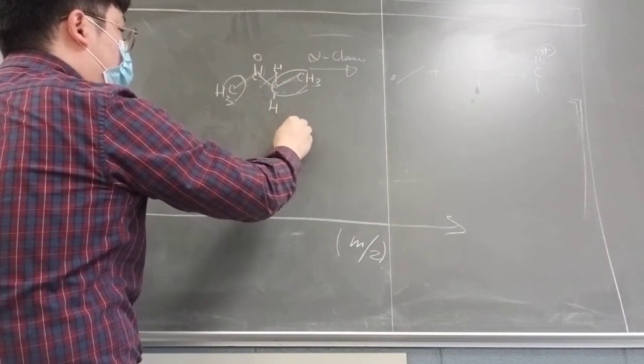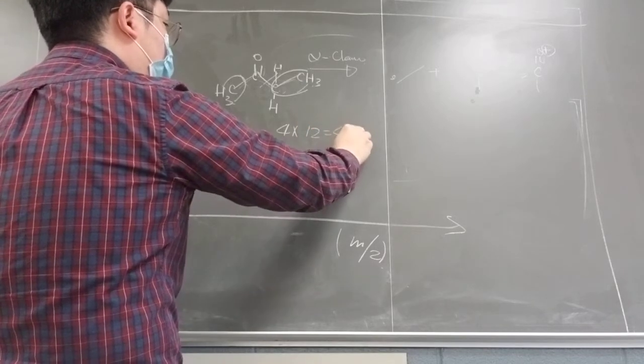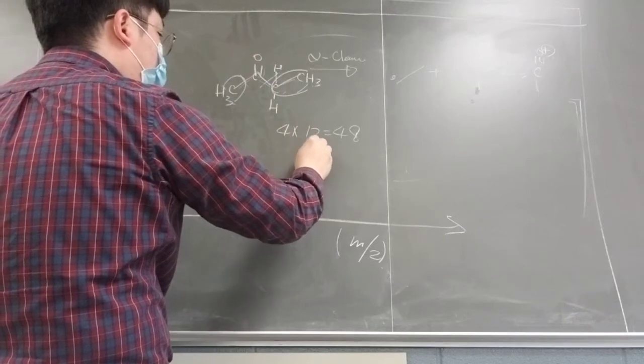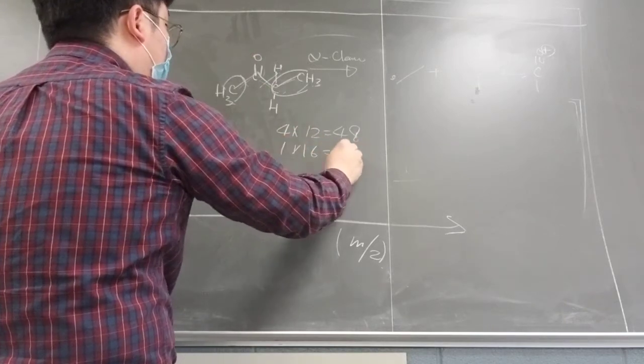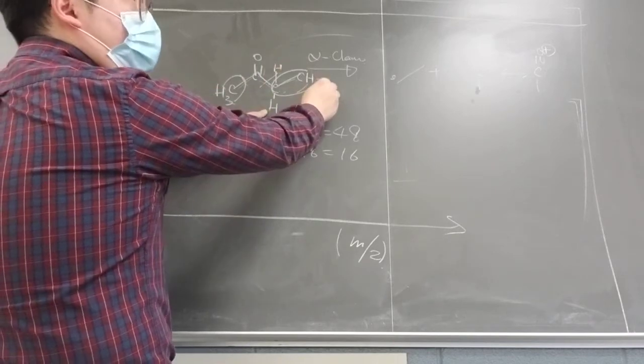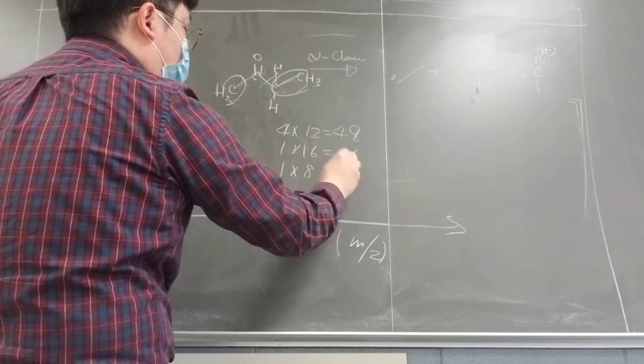It'll be 4 times 12, since carbon is 12, which is 48, right? And you have 1 oxygen, so it'll be just 1 oxygen. And then you have 8 hydrogens over here.